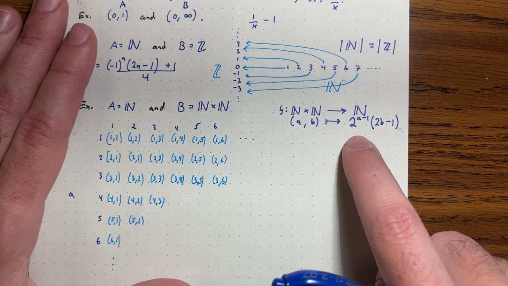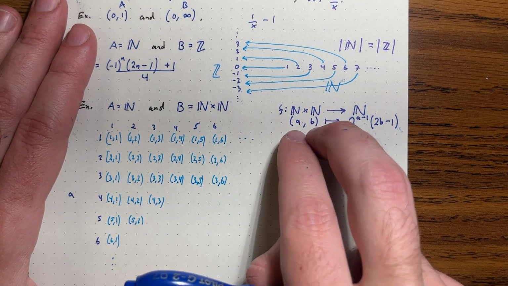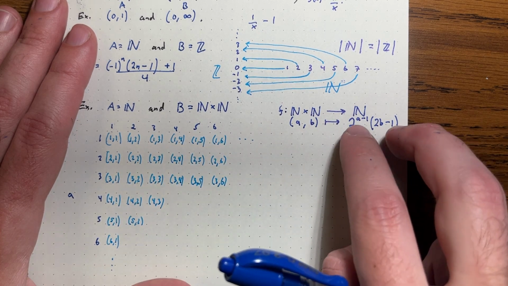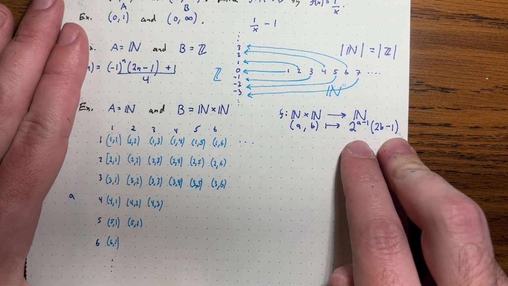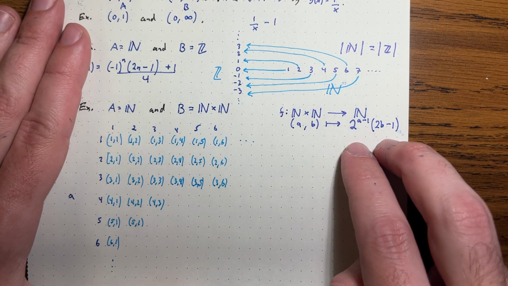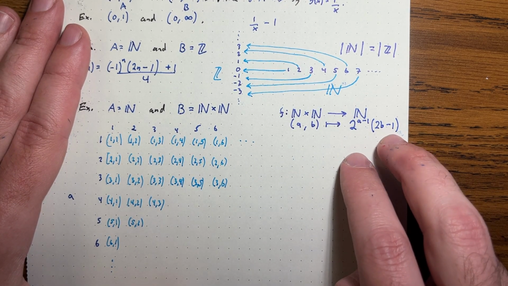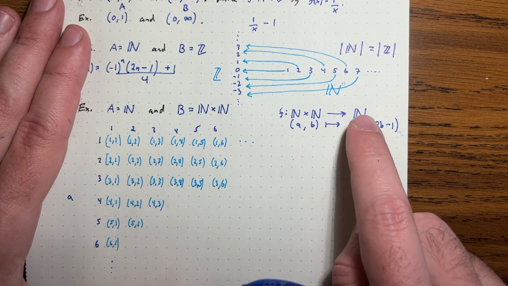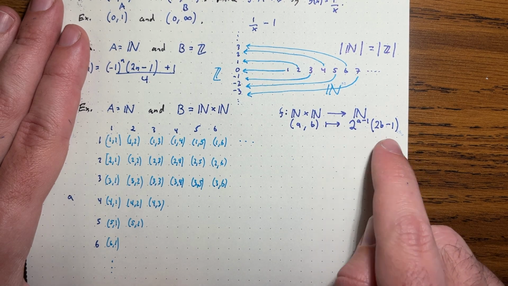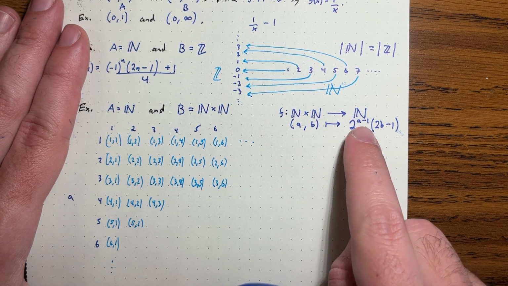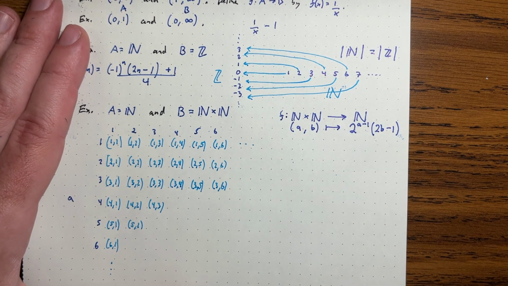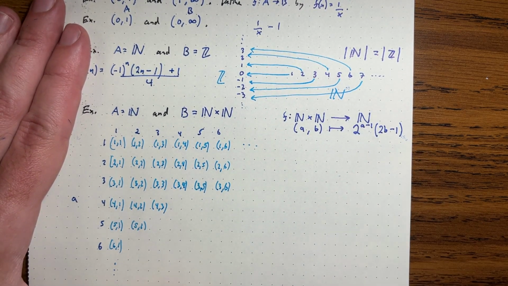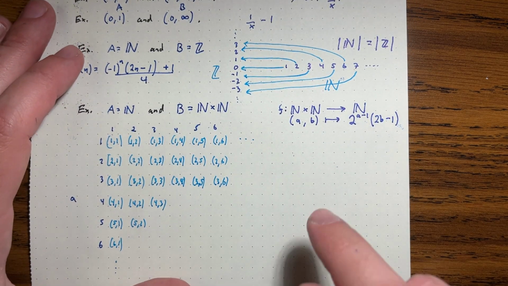And furthermore, two of these are not going to coincide. So if I start with different values of A and B, I'm never going to get the same number. And the reason is essentially because of unique factorization. Every number has a unique prime factorization, so the power of 2 has to be the same if I factor it as a product of primes. And that'll force the A's to be the same. And then that forces the second factor to be the same also, because these are different numbers for different B. So this really is a bijection.